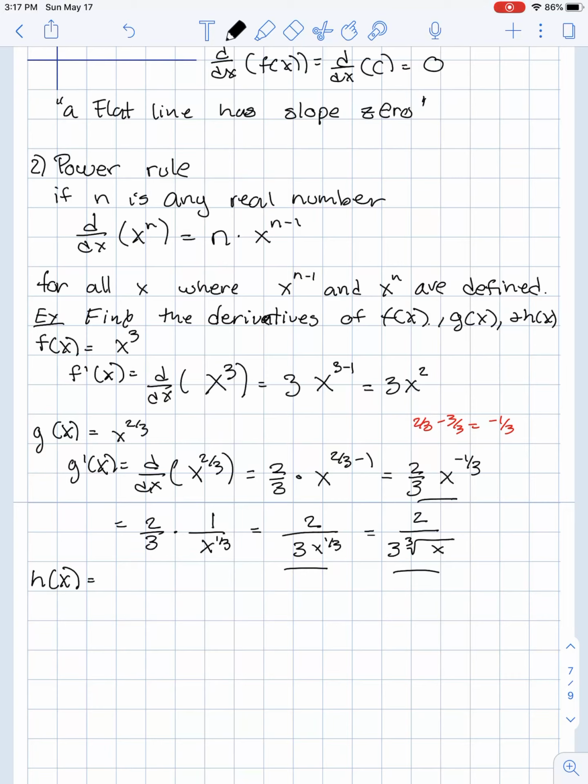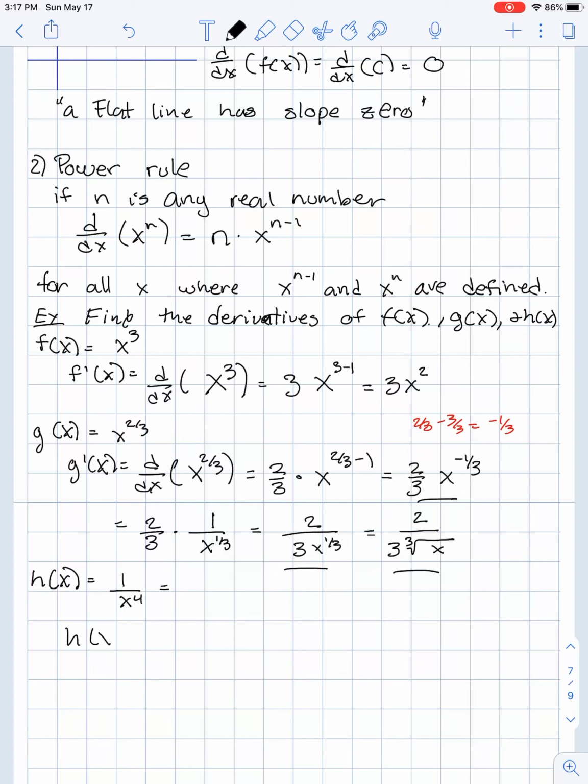So now h of x equals, what did I make it equal? 1 over x to the 4th. Okay, so before I was only defined by x in the numerator. Now I have x in the denominator.